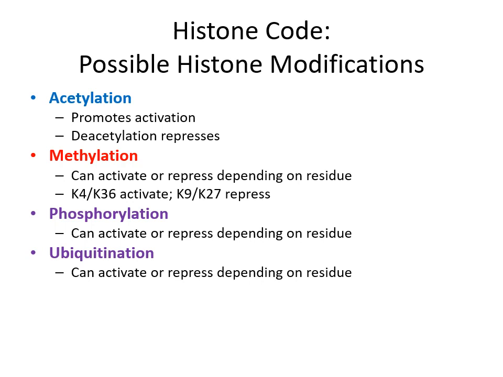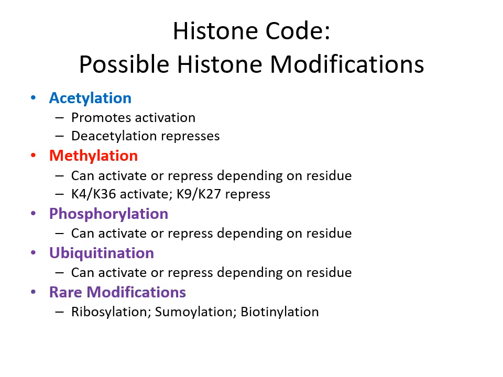Okay, we go into the details of these in the upper level bio courses when you take genetics, molecular, and courses like that. The last ones I want you to see are the terms ribosylation, sumoylation, and biotinylation. Okay, I just want you again to just associate these terms with modifying histones. Okay, we're not going to go into the mechanisms.